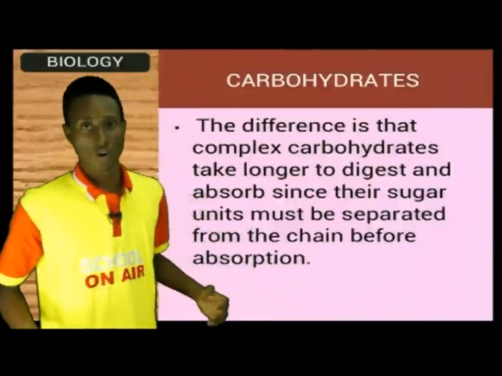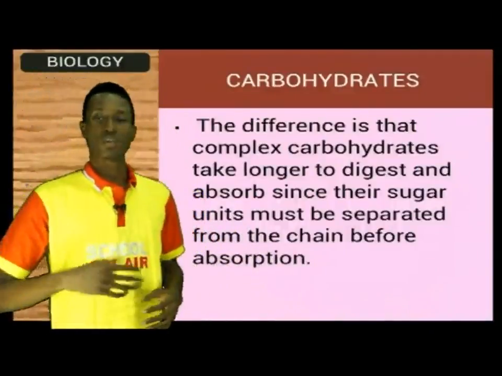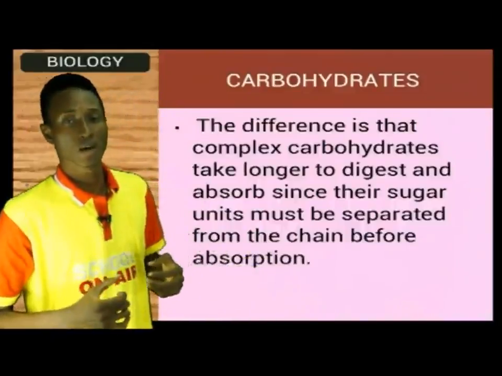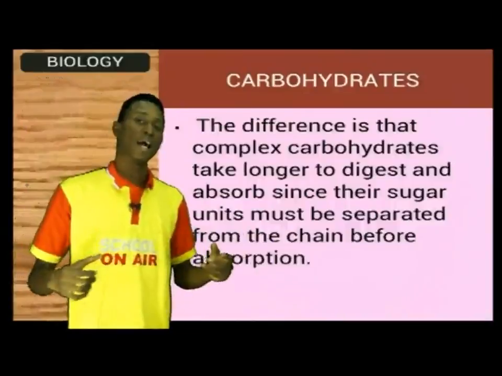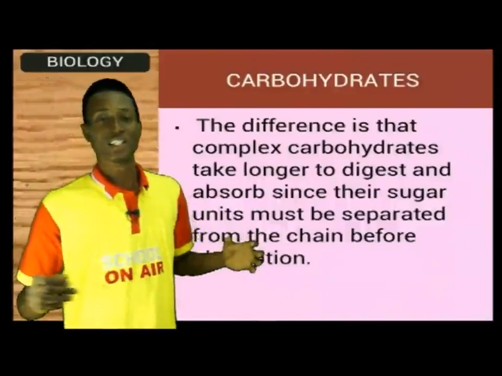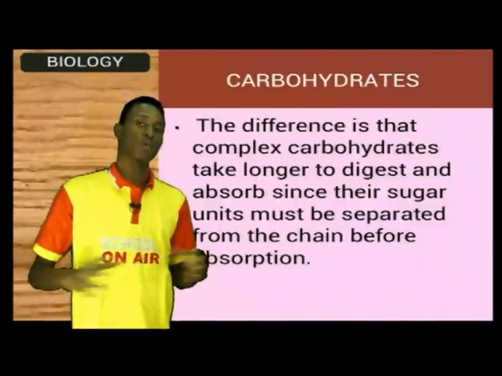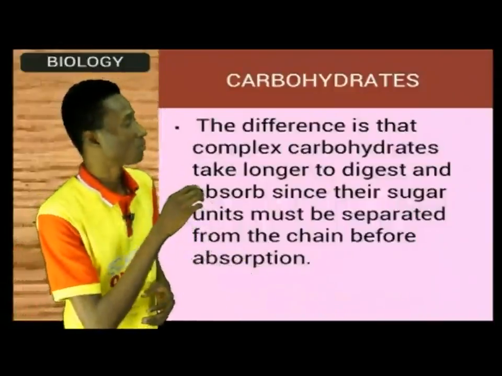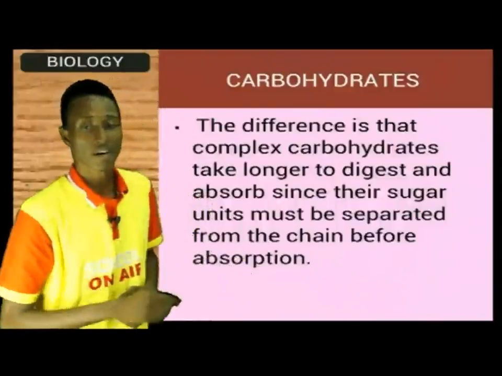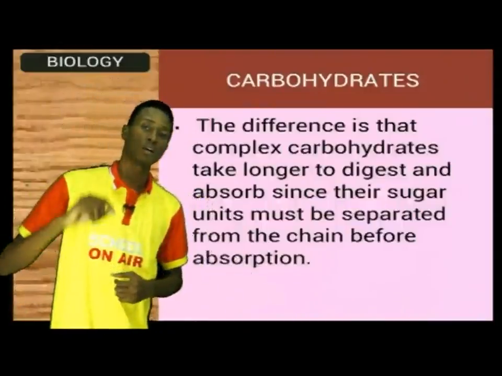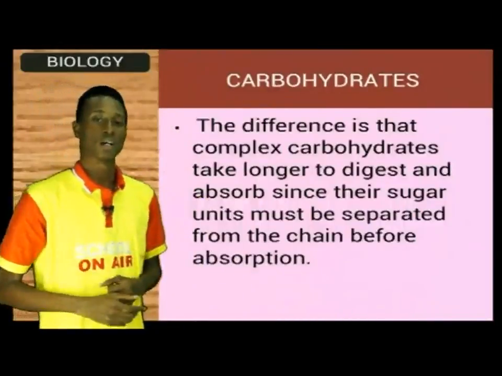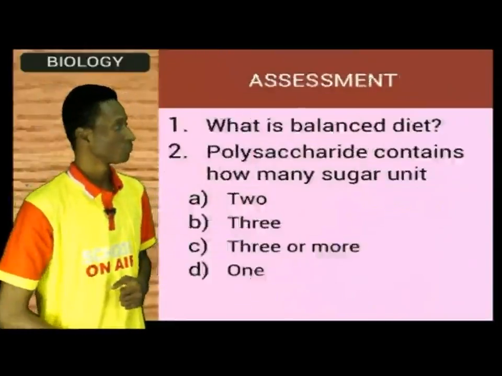And for digestion to occur, these sugar units must be broken down from their chains before the body can absorb it. But in the case of mono and di, the chains are not multiple and they are not branched. So digestion takes place easily on monosaccharides and disaccharides, while complex carbohydrate, which is a polysaccharide, takes longer to digest by the body.